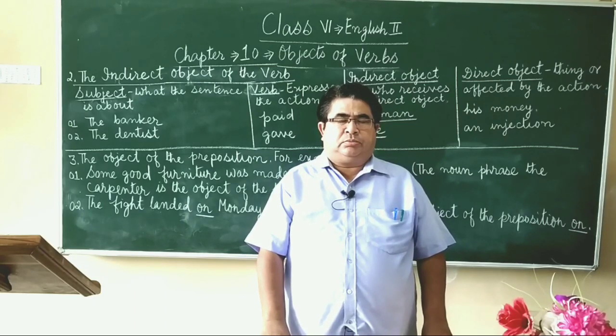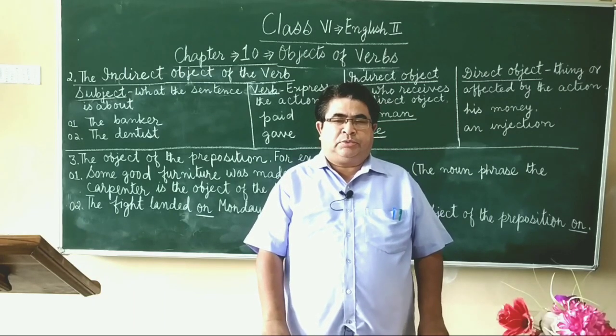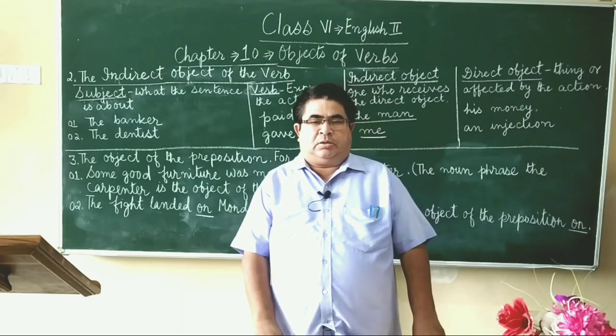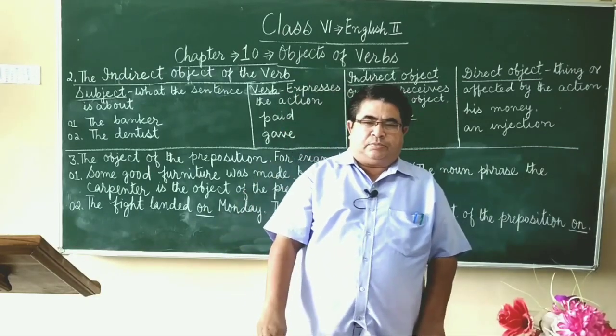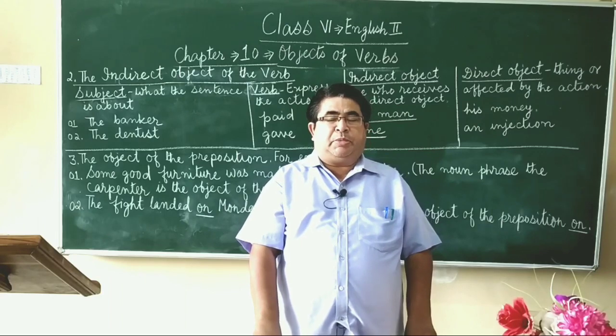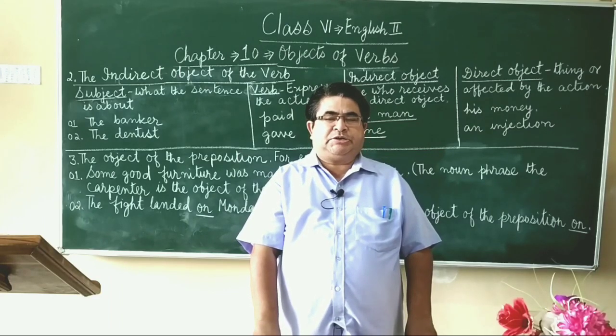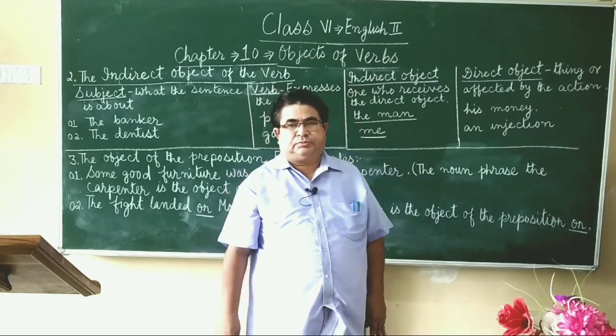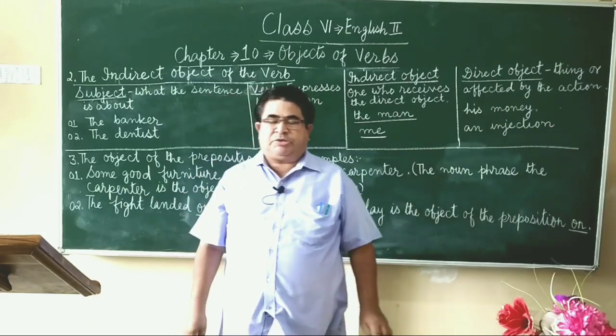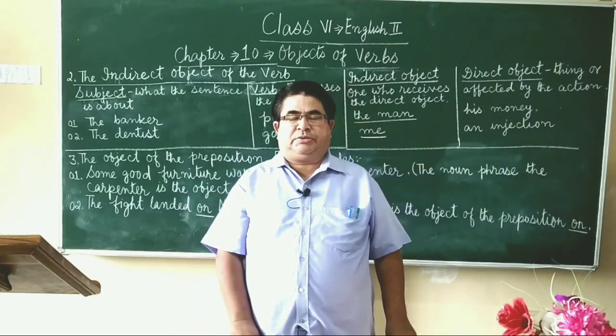Or the noun phrase or pronoun that receives the direct object of the verb is called as indirect object of the verb. Children, always remember that the indirect object is usually a living being, a person or animal, to or for whom the action is done. Indirect object comes before the direct object.